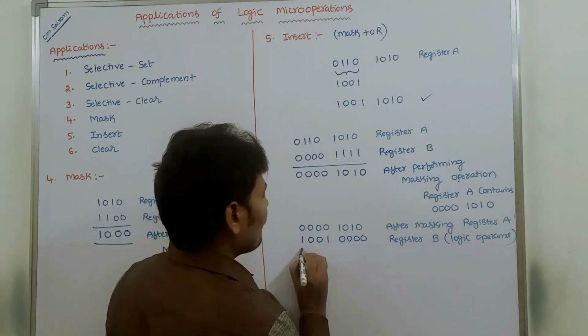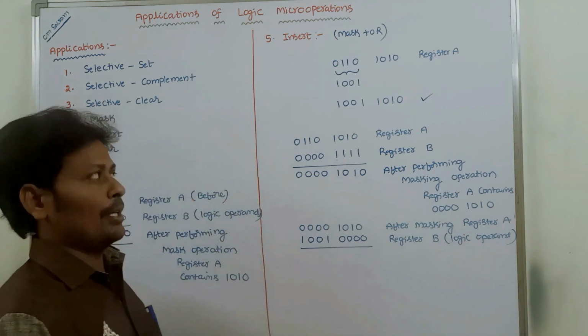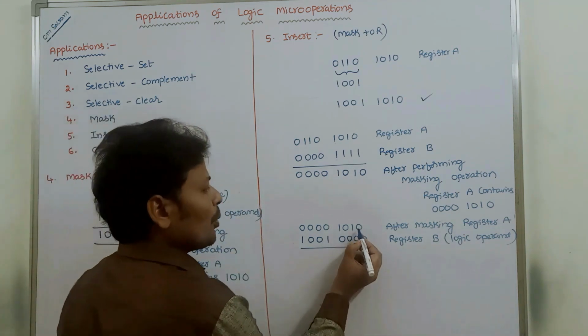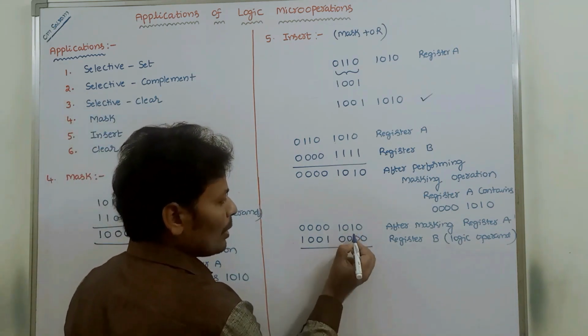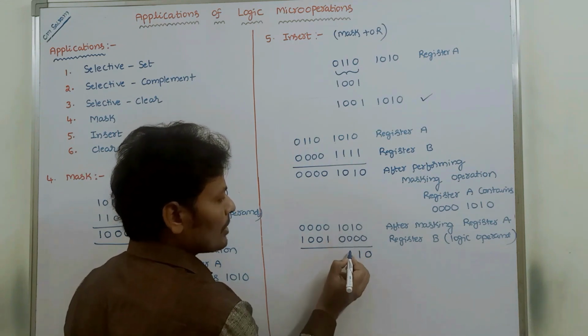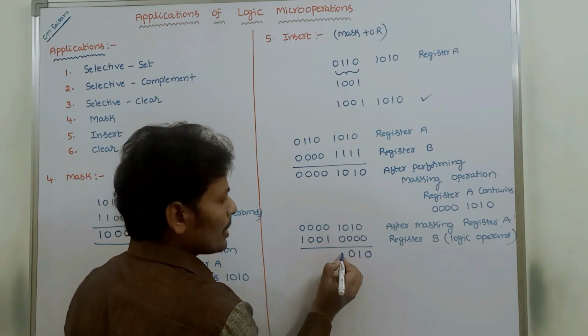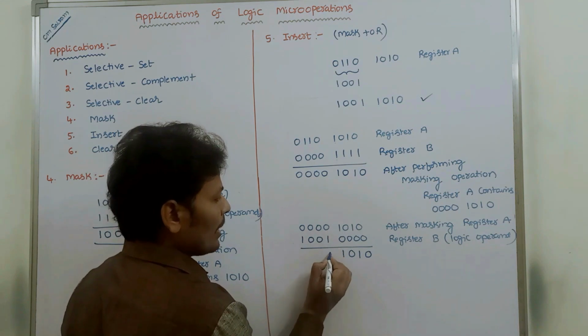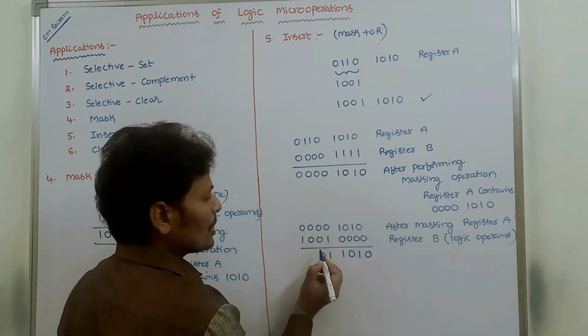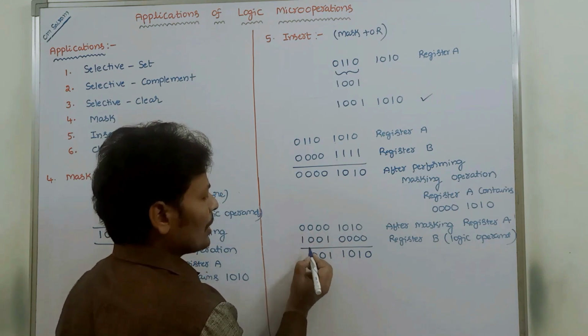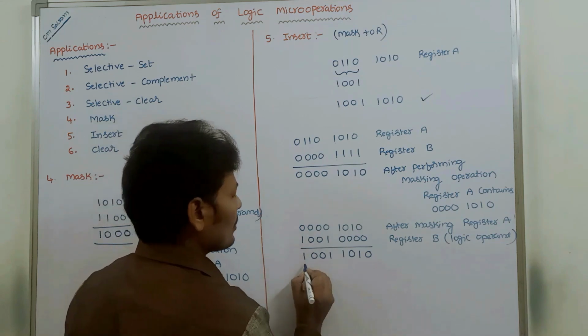Now we have to perform the OR operation. Okay. So 0 plus 0, 0, 1 plus 0, 1, 0 plus 0, 0, 1 plus 0, 1, 0 plus 1, 1, 0 plus 0, 0, 0 plus 0, 0, 0 plus 1, that is 1.